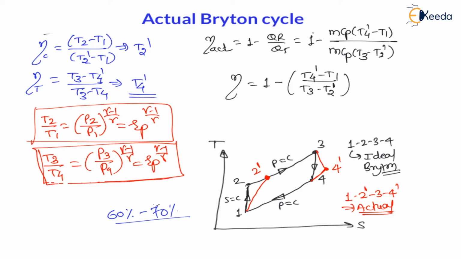Because of this very low efficiency, whatever work is produced by the turbine is consumed by the compressor. Hence, the net work available for power generation is very less. Therefore, in older days, it was not advisable to use this Brayton cycle.